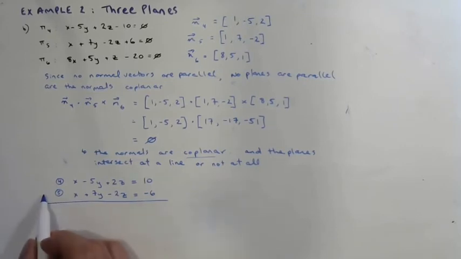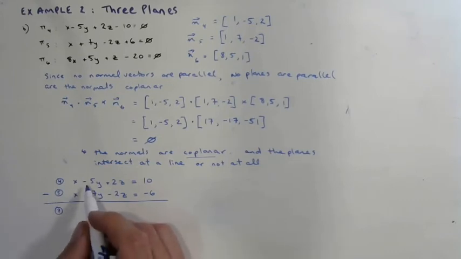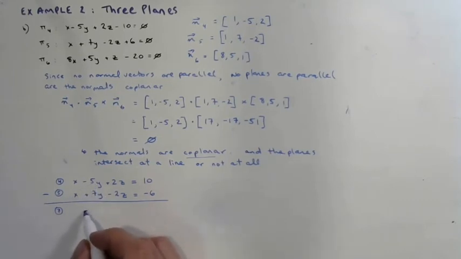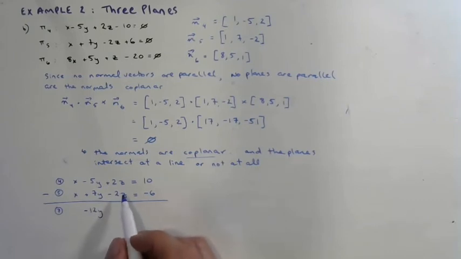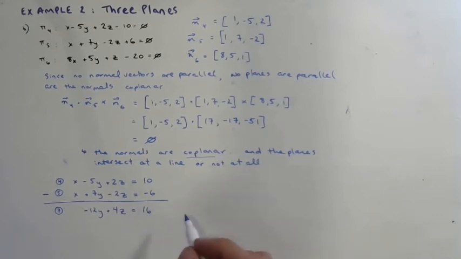I'm going to subtract 5 from 4 to create equation 7. 0, negative 5 minus 7 is negative 12y. 2 plus 2 is 4 plus 4z equals 16.